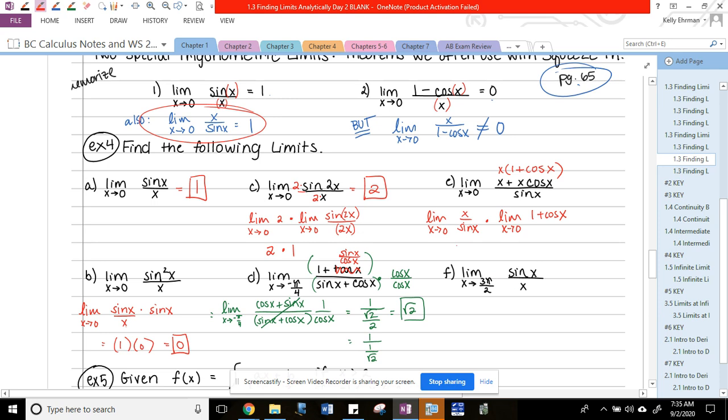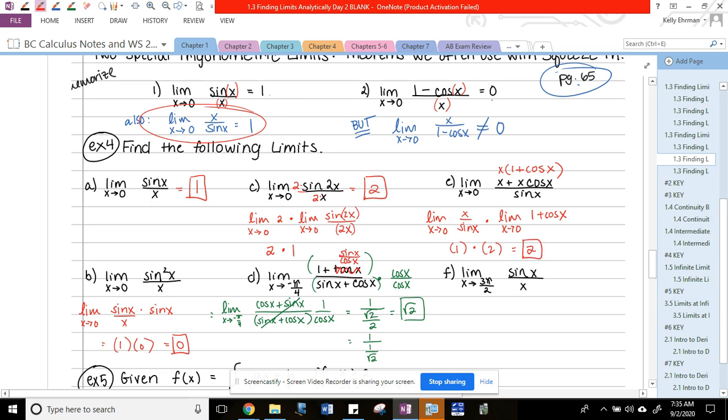So this first limit I know is equal to 1, multiplied by, check direct substitution again. Anytime you rewrite, you check direct substitution. 1 plus cosine of 0 is 1, so 1 plus 1 is 2. So that limit for part E is equal to 2.